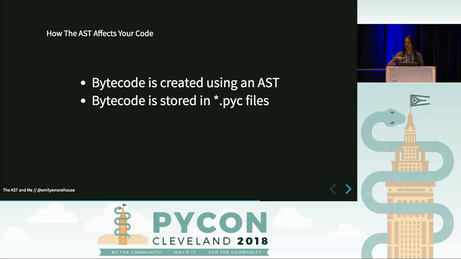Python uses something called a magic number in order to determine whether or not it actually needs to regenerate our bytecode if something has changed in those files. But at this point, you're really only going to get very micro speedups from looking at these small differences and optimizations that the AST actually does. Like I said, to get major speedups, you're really going to have to actually change out the Python implementation that you're using.